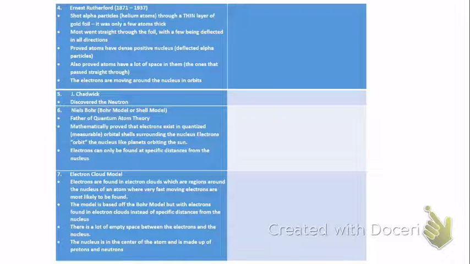Now, Ernest Rutherford is going to be a student of J.J. Thomson. And Rutherford is very excited at the time about this new idea of radiation. Now, radiation at the time is thought to be something emitted by atoms.